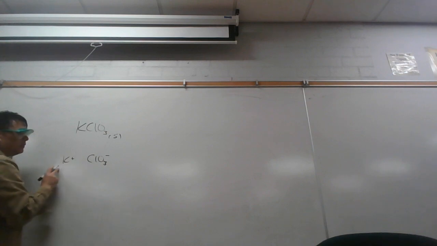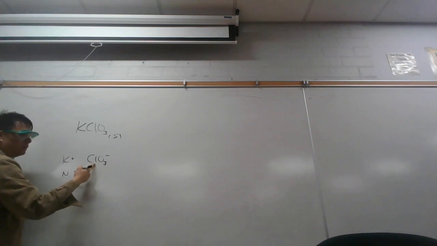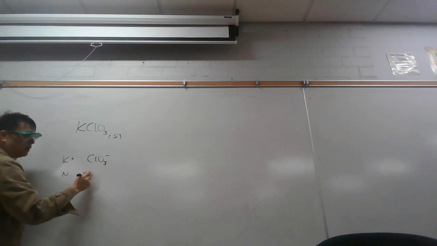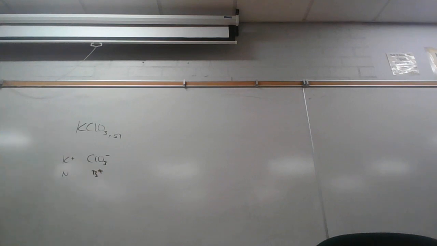Potassium ions are, well, we'll go back to acid base. Potassium ions are neutral, but this one, what's this called? Chlorate ions are base, but they're so weak we consider them neutral. It's like chloride. But when I look at this, I see strong oxidizer. How do you recognize that this is a strong oxidizer?